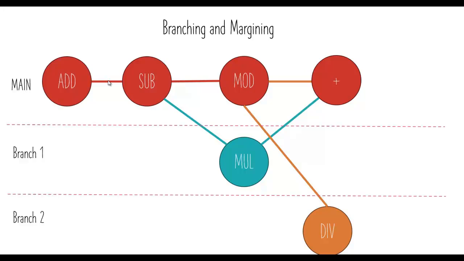After testing, we merge the division branch into the master branch, updating the main project with the new feature, division, right? Finally, we push the updated master branch to GitHub to save our changes online and make them available to others. You can see by using branches, we keep our master branch stable and introduce new features in a controlled way that you can see over here.